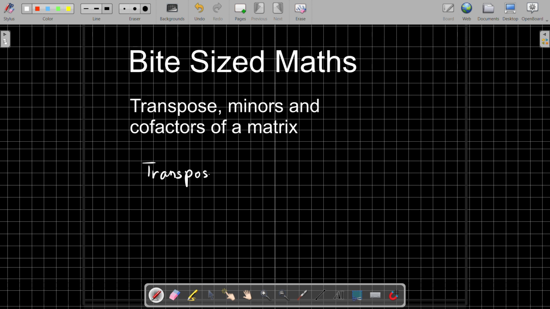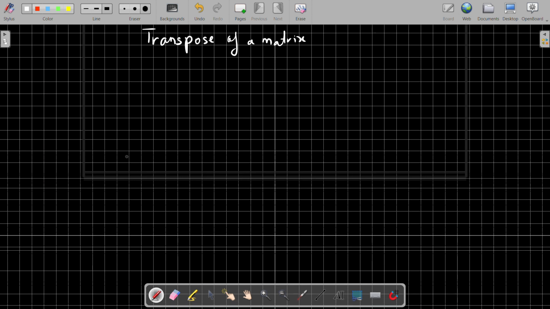Transpose of a matrix. So what is transpose of a matrix?